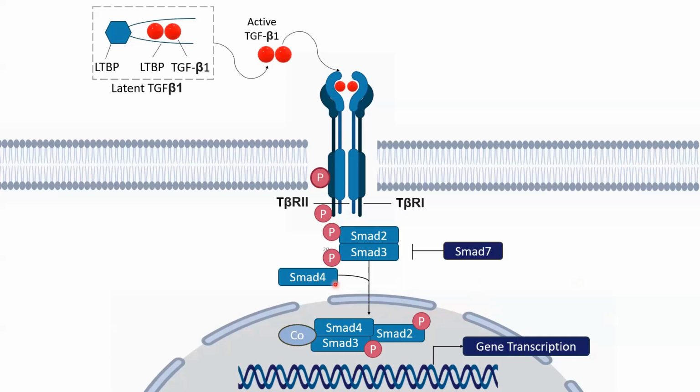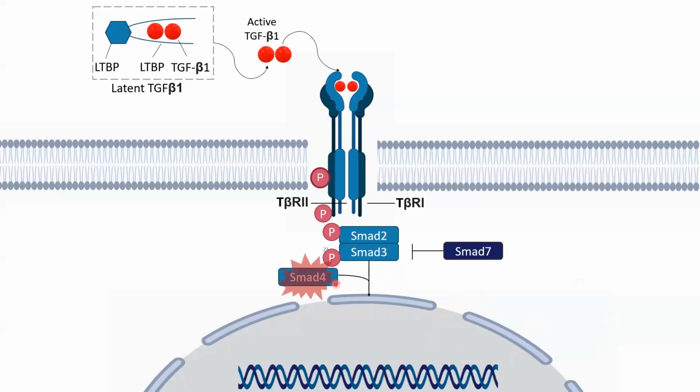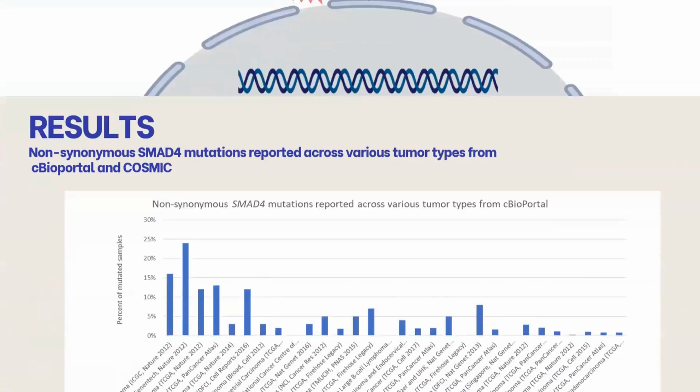SMAD4 is the co-SMAD which allows the SMAD2 and SMAD3 complex to enter the cell nucleus and go on with gene transcription. Loss of SMAD4 will not allow the SMAD complex to enter the nucleus for gene expression, and therefore I will be losing the expression of many genes.